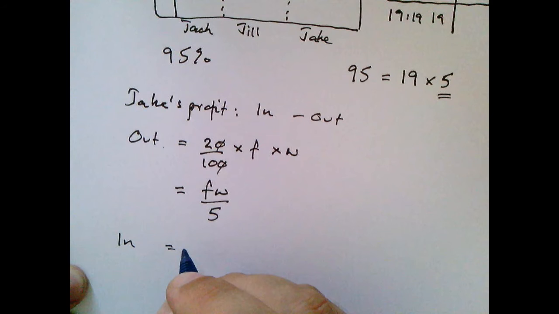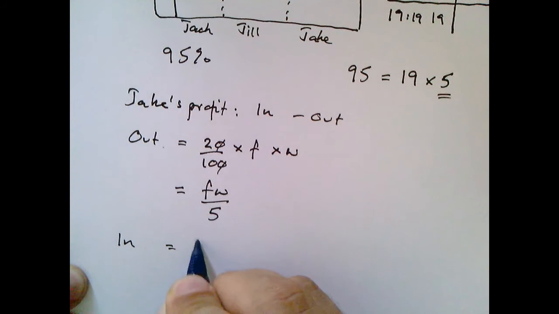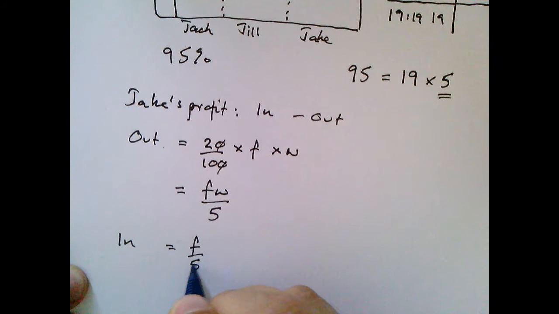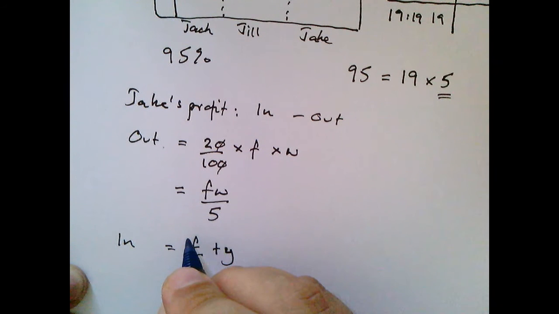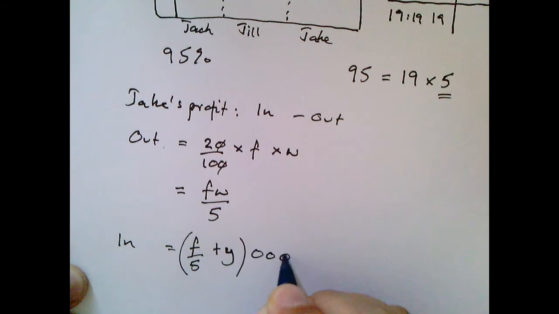Well, he's got this fraction, F over 5, plus the amount he gets from Jill, which is Y. And he sells this for Z pence per 100 grams. Now, this is that times 1,000 grams.